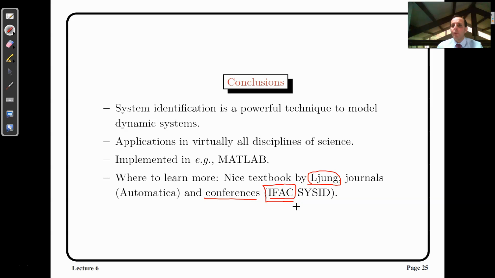And then, for those of you who are familiar with this kind of events, there are some workshops or conferences or symposia proposed by the International Federation of Automatic Control, and there is a specific event called SYSID, System Identification Workshop or Conference.